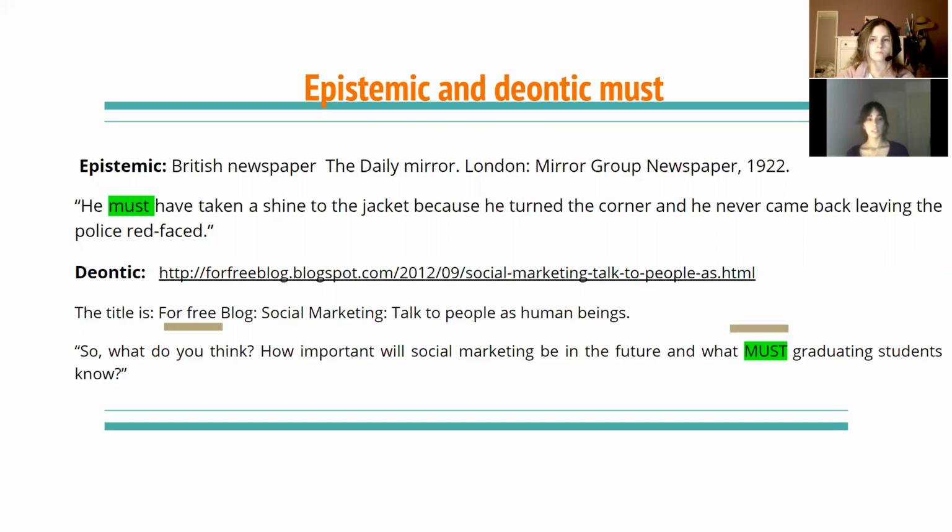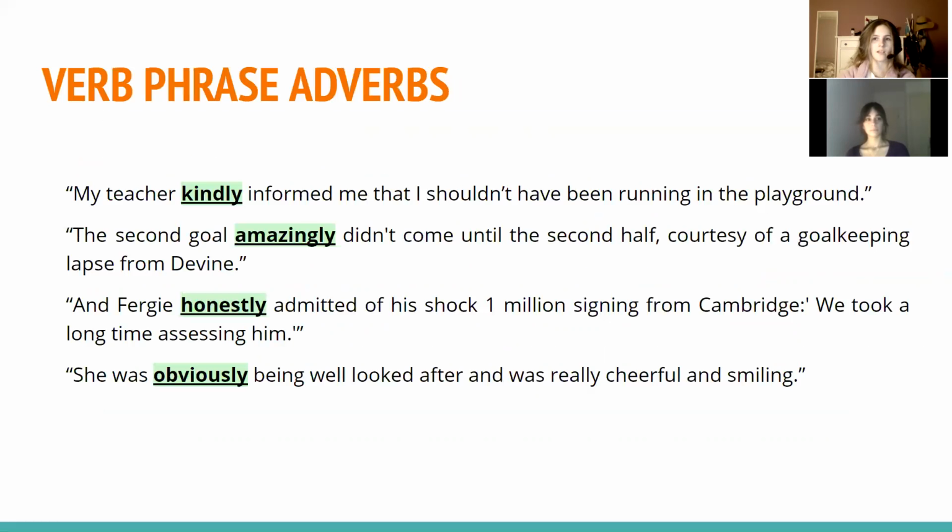Now my classmate Vita is going to talk about the part about adverbs. Hi, I'm Vita. As my classmate said, I will talk about the adverbs. On the one hand, we have verb phrase adverbs, and it has been observed that the adverbs that are placed before the verb are usually verb phrase adverbs.